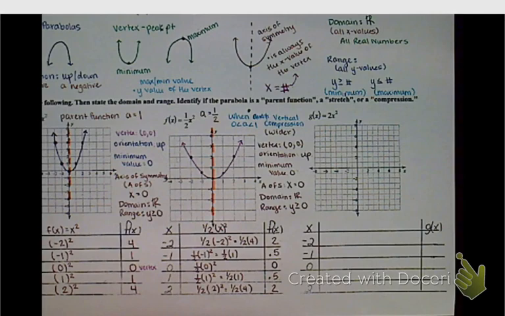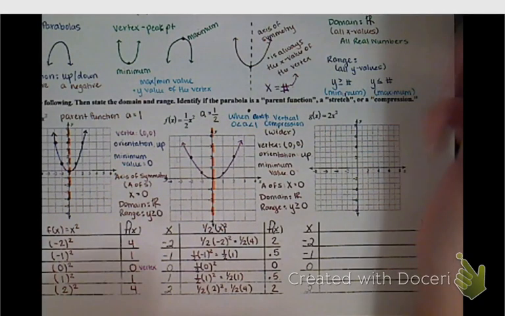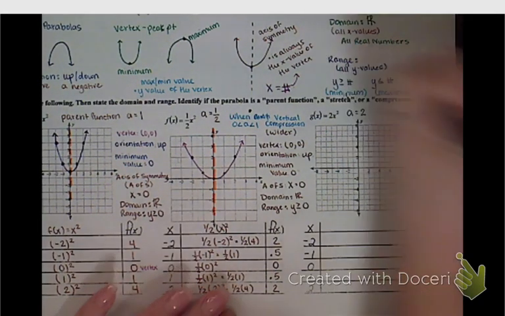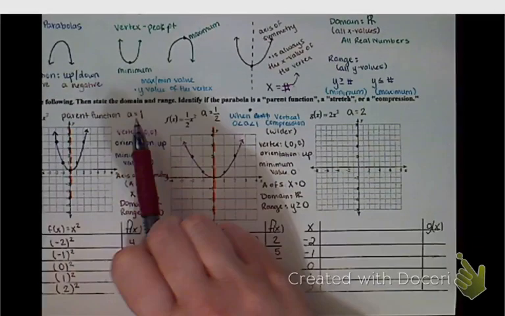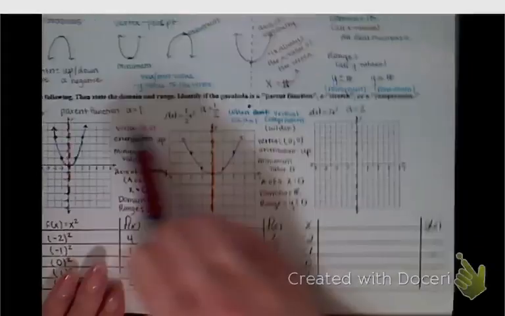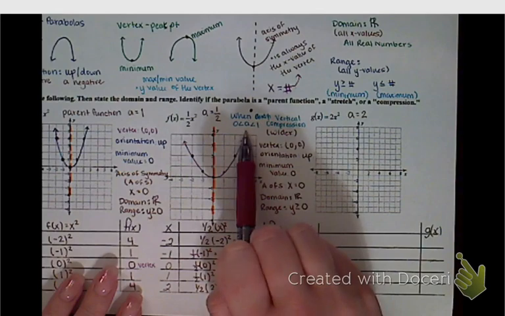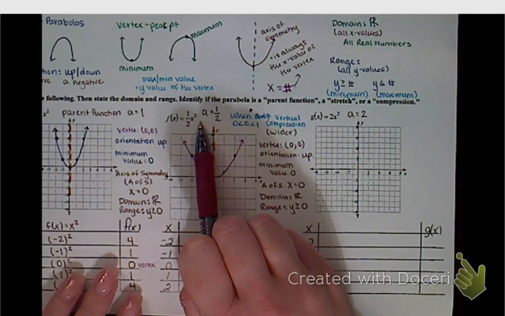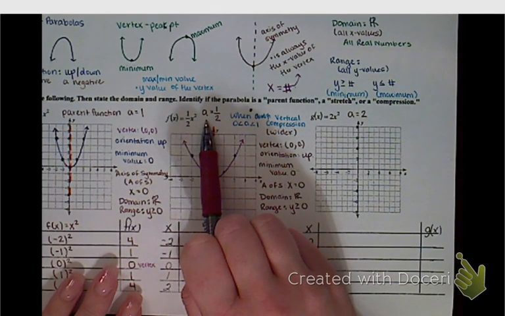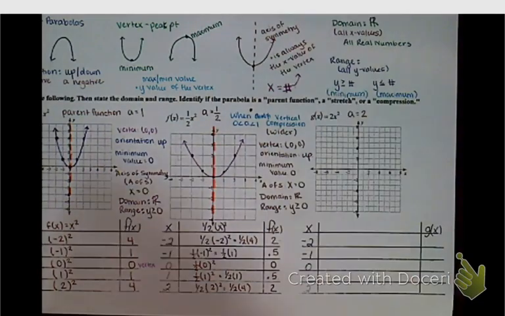Okay. Last one. Here we'll notice that a is 2. So we dealt with when a is 1, that's going to be our parent function. When a is between 0 and 1, we have a vertical compression, so my graph's going to get wider.